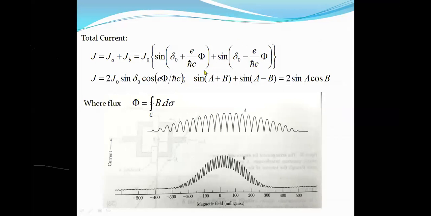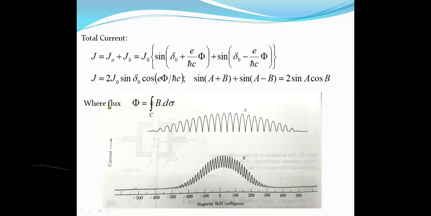So when you do this, you see that this is simply the formula for sine A plus B plus sine A minus B. So that comes to 2 sine A cos B. So if you do that, that's what you get. J is equal to 2J naught sine delta naught cos of eφ upon h cross c, and the flux is defined as B dot delta sigma here.